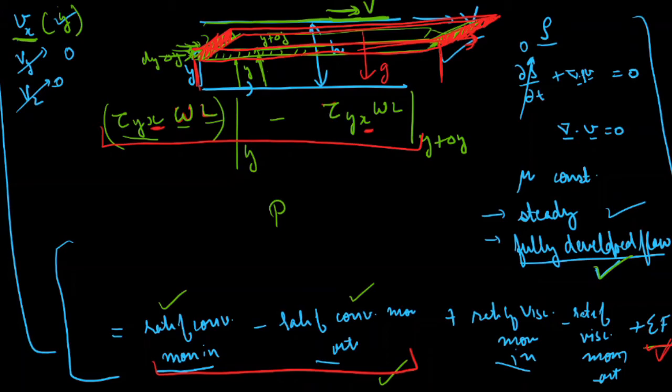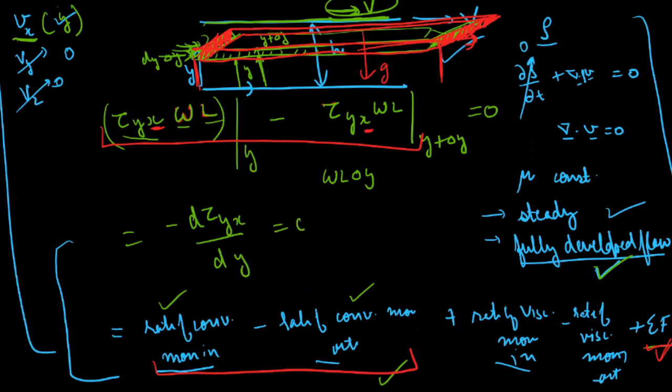So it will be taken care of by the no slip boundary condition. So the only thing that we have now is that this is equal to 0. Now we divide the whole equation by w l delta y. So this gives us minus d tau yx by dy is equal to 0.